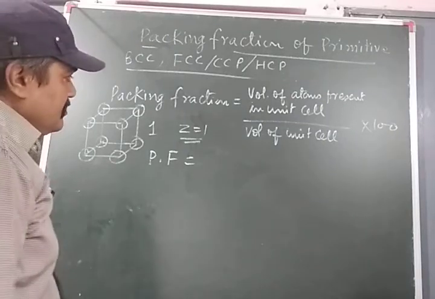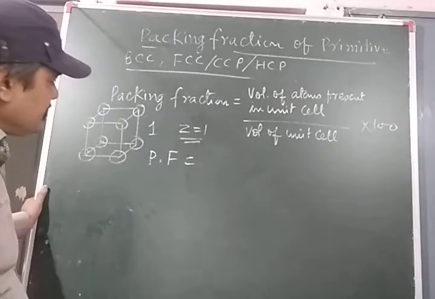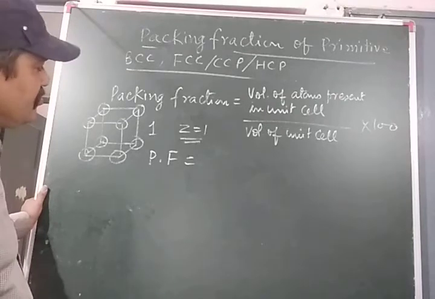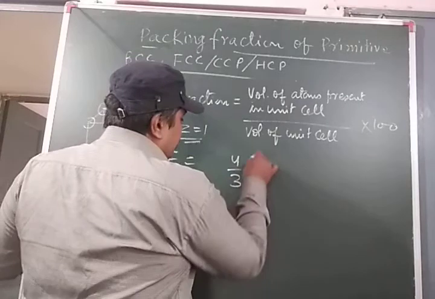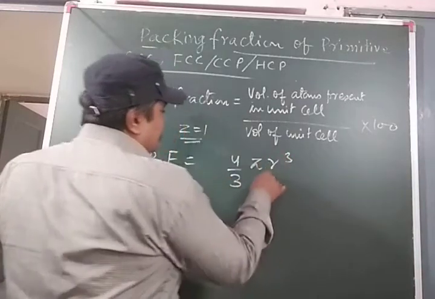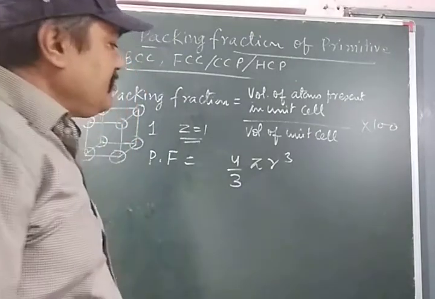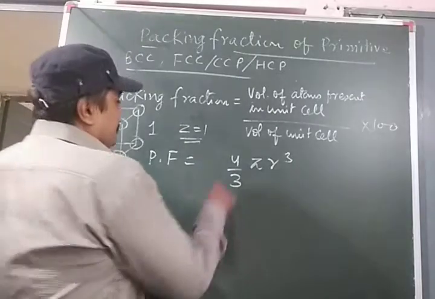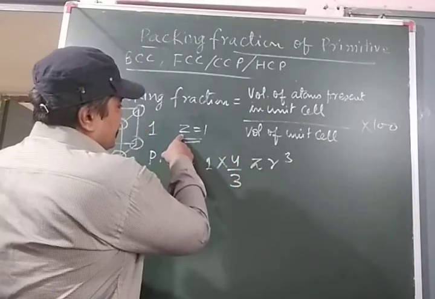So here the atoms are assumed in the shape of the sphere, and the volume of sphere is 4/3 pi r cube. Let r be the radius of one atom, and this is multiplied by 1. Why?